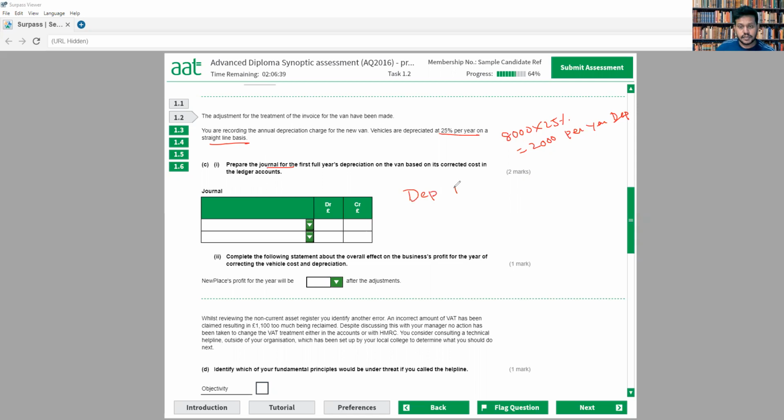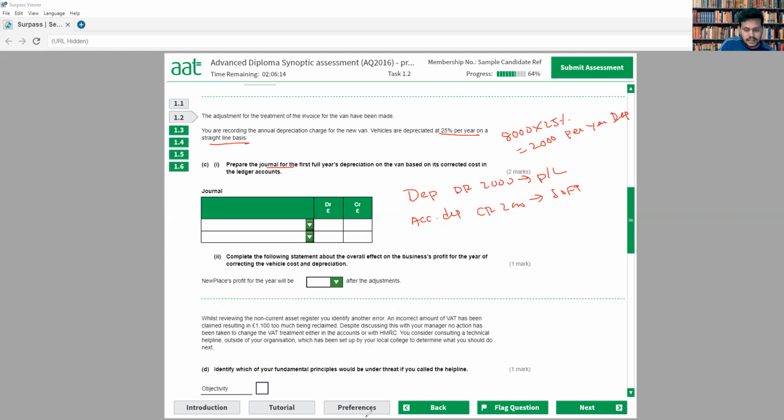So depreciation will be debit 2,000, and that is linked to the P&L account, profit and loss account, and accumulated depreciation is credit 2,000, and that will be linked to the SOFP, because accumulated depreciation we take away from the cost in the financial statement to find the carrying value.